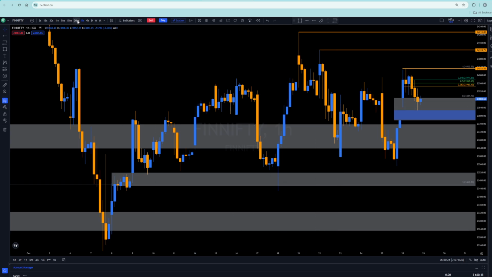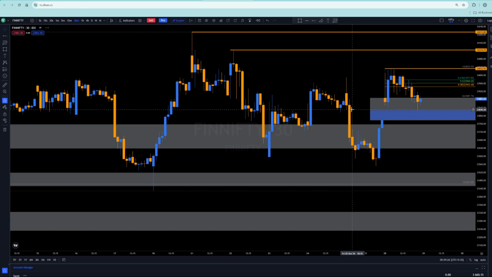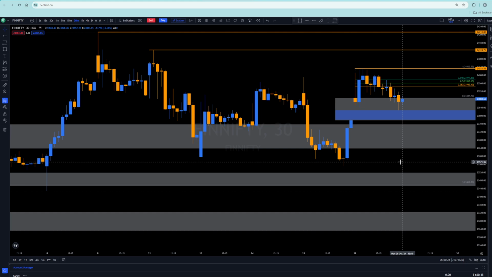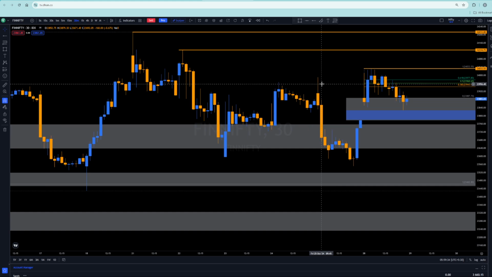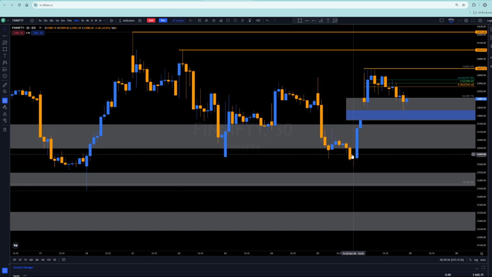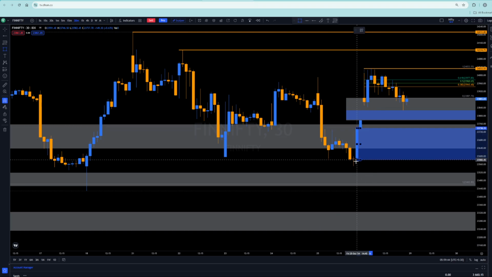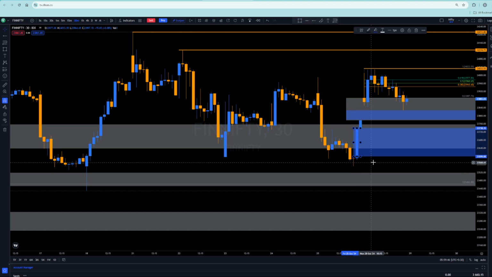Let's switch to 30 minutes. Again, this fair value gap stands. We can go ahead and mark this slightly outside the volume imbalance area.